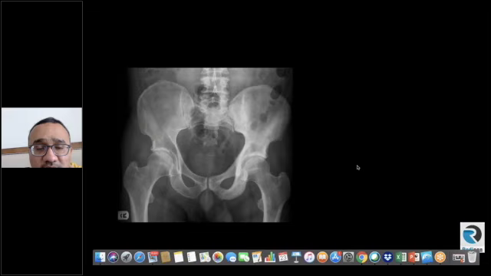Okay. In contrast, this radiograph demonstrates a diffuse sclerotic abnormality affecting the left iliac blade, the iliopectineal line, as well as the ischial ramus.